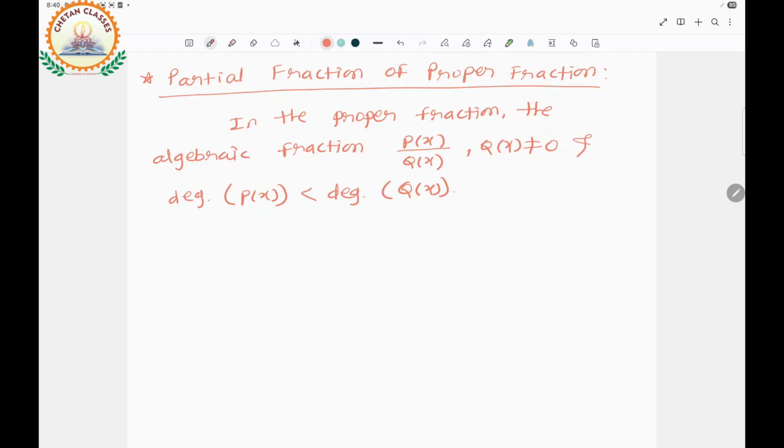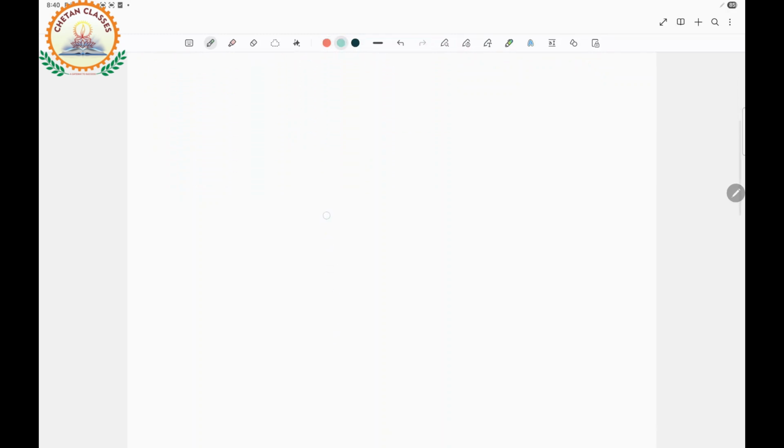So first rule, rule 1, when denominator has distinct linear factors.